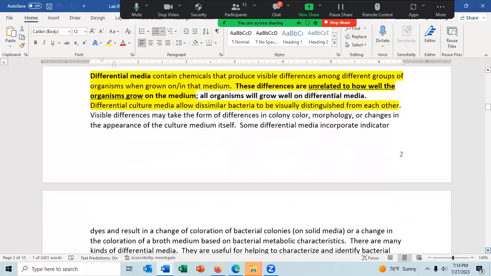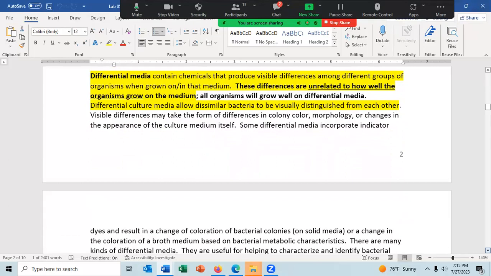Another type of media we have is a differential media that contains chemicals that produce visible differences among different groups of organisms growing on the culture. These differences are unrelated to how well the organisms grow in the medium.